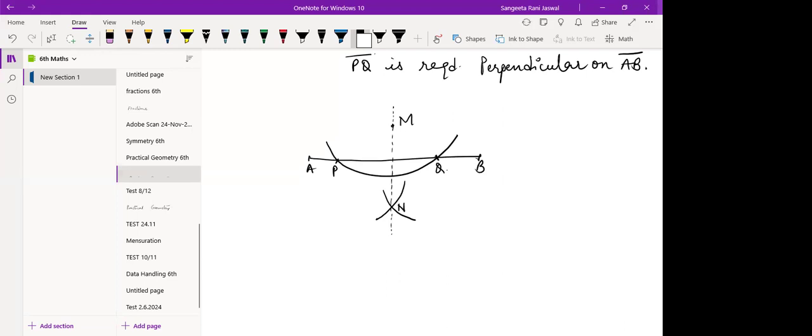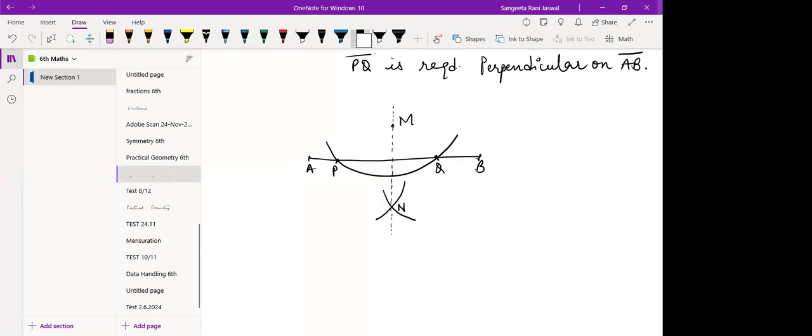Then with the same compass measurement, you don't have to move the compass. Keeping pointer at Q, make an arc below the line. And with the same compass measurement, keeping pointer at P, make another arc cutting the previously made arc.